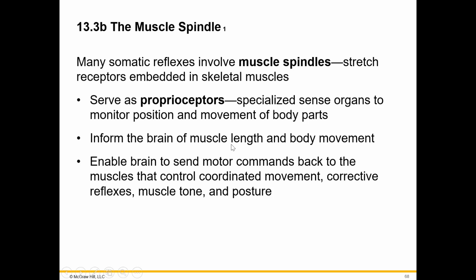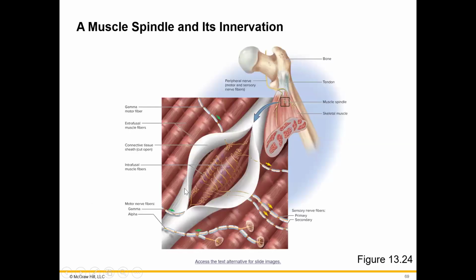They inform the brain of muscle length and body movement. They enable the brain to send motor commands back to the muscles that control coordinated movement, and they perform corrective reflexes, muscle tone, and posture.